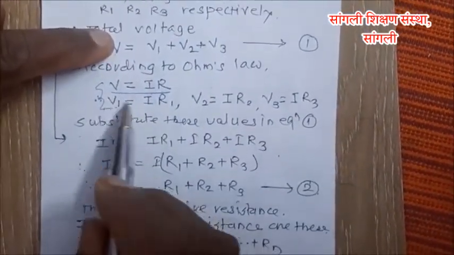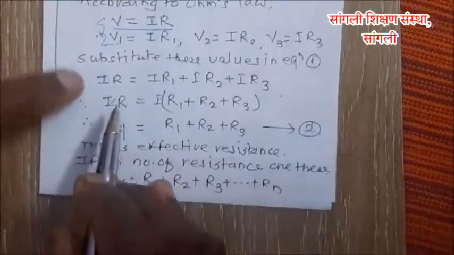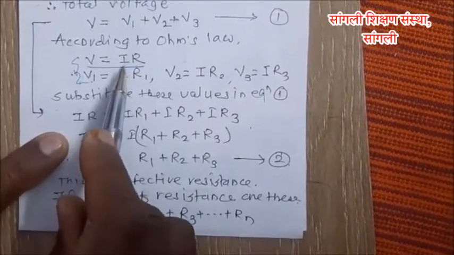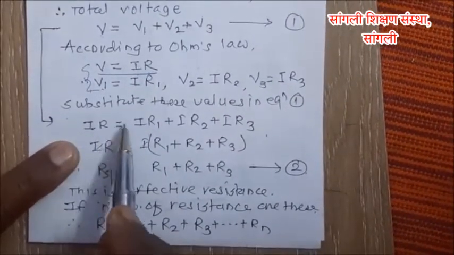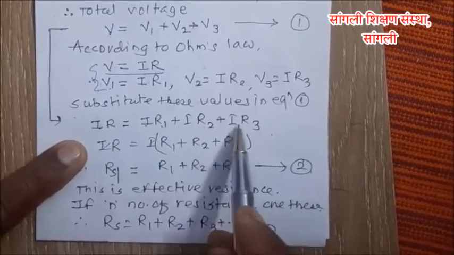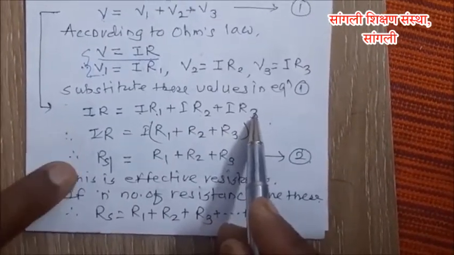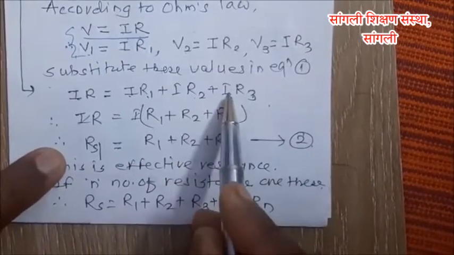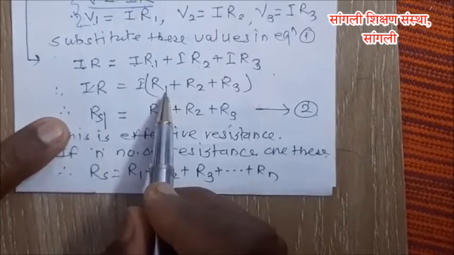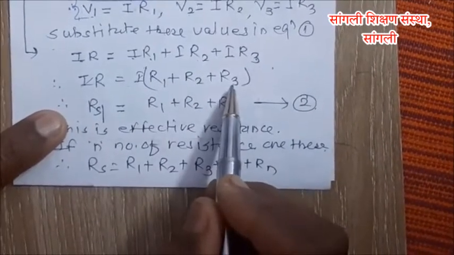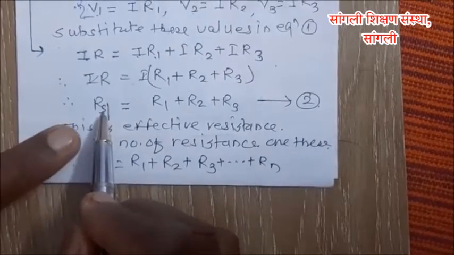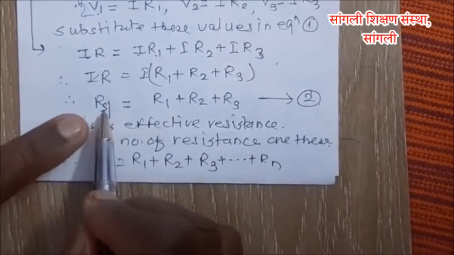By putting these values in equation 1, for V we add IR over here. So IR equal to IR1 plus IR2 plus IR3. Now look at this. I is common over here. Take the common factor out. IR equal to I into bracket R1 plus R2 plus R3. Now RS equal to, S stands for resistances in series.